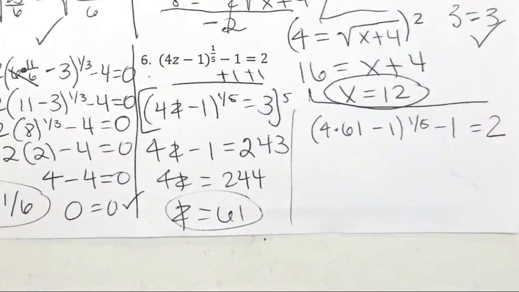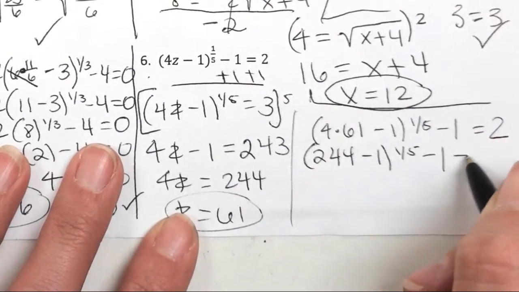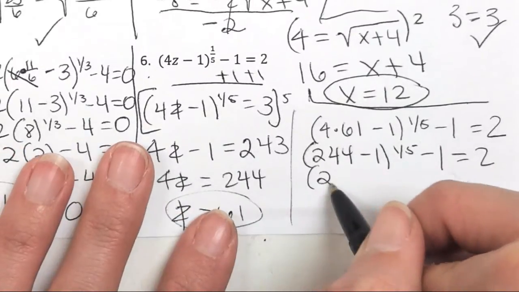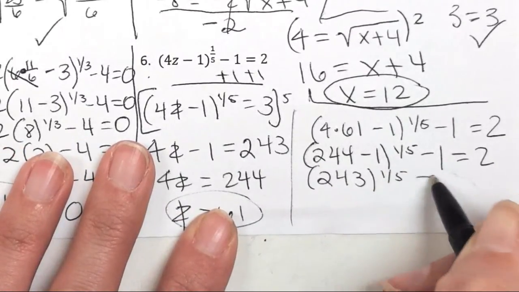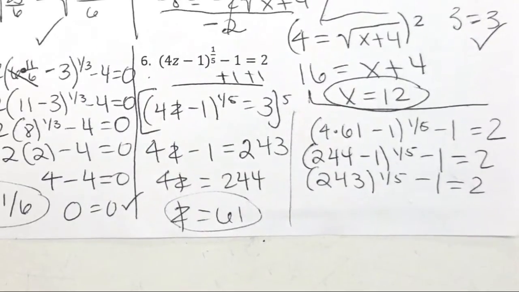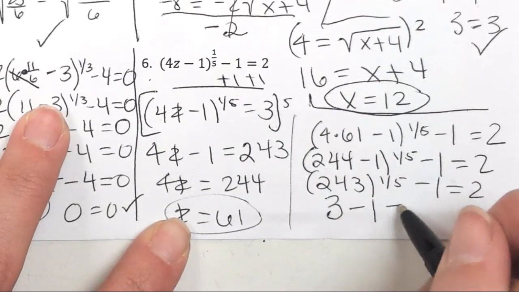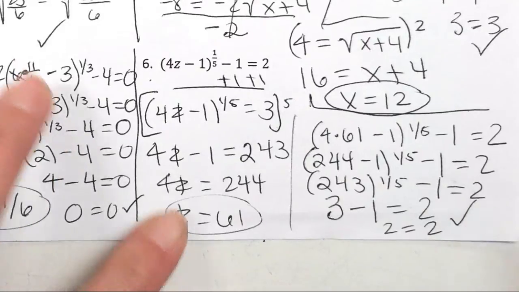So 61 times 4 is going to be 244. 244 minus 1 is 243. 243 to the 1/5 power is going to be 3, and then 3 minus 1 is going to be 2, so it checks out.